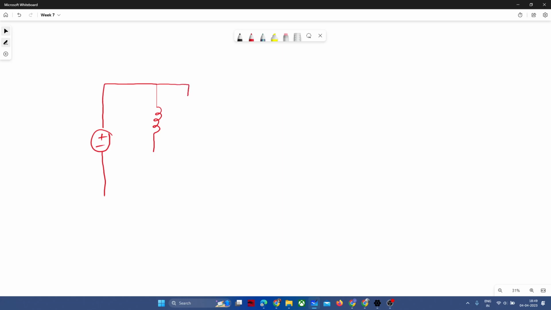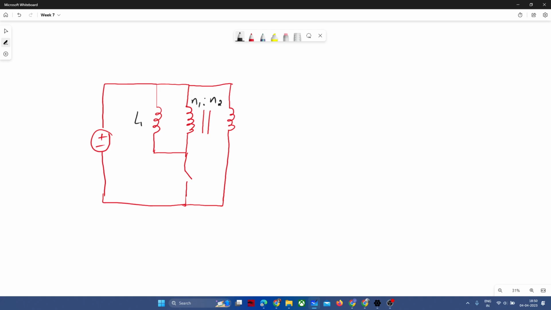It is connected to the primary winding in this manner, and here you have the switch, and this primary winding is connected inductively to the tertiary winding in this fashion, and we can call it N1 is to N2, and we have the magnetizing inductance, and this is N1 turns.